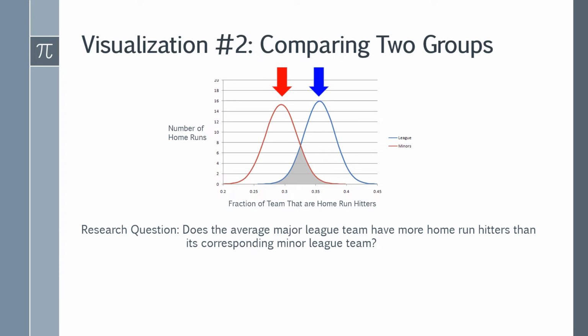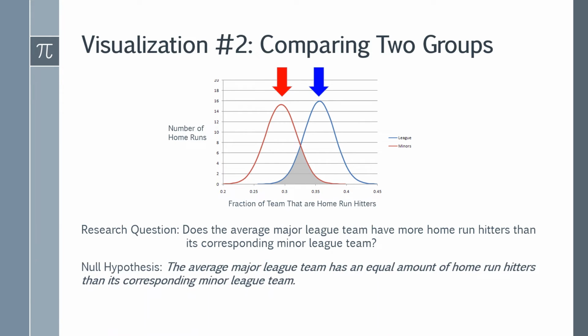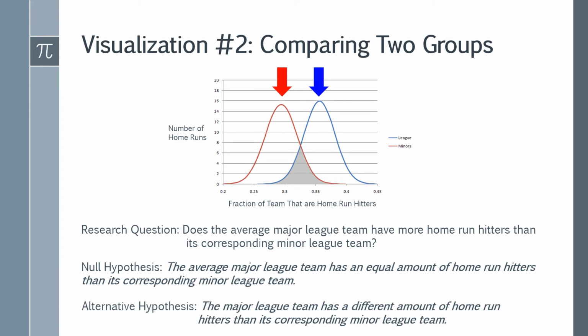Our research question: does the average major league team have more home run hitters than its corresponding minor league team? Null hypothesis. The average major league team has an equal amount of home run hitters as its corresponding minor league team. Alternative hypothesis.